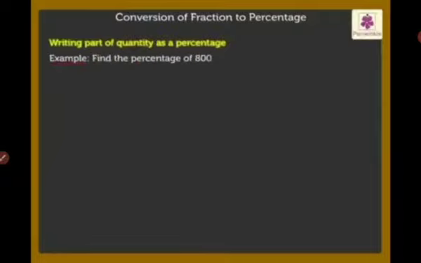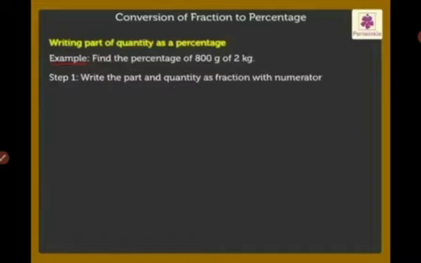Finally, we shall learn to write the part of a quantity as a percentage. Find the percentage of 800 grams of 2 kilograms. Let's look at the steps to solve this. Step 1 is to write the part and quantity as a fraction with numerator and denominator in the same unit.